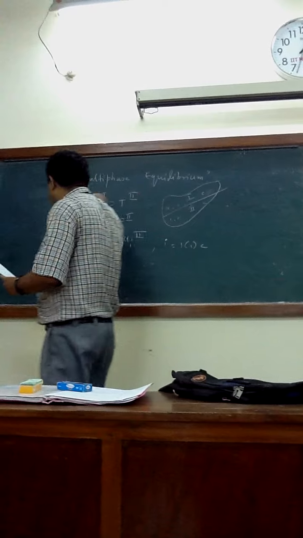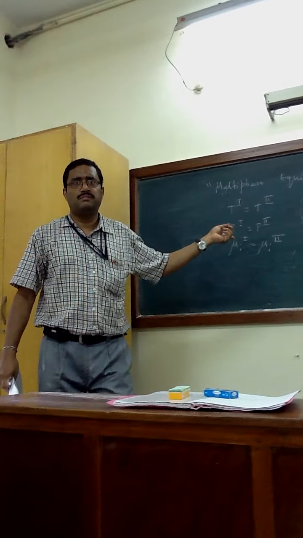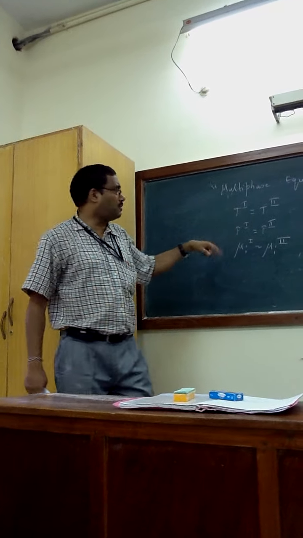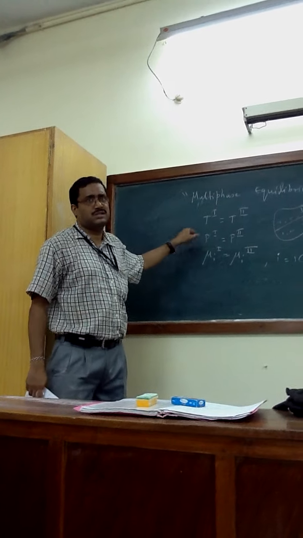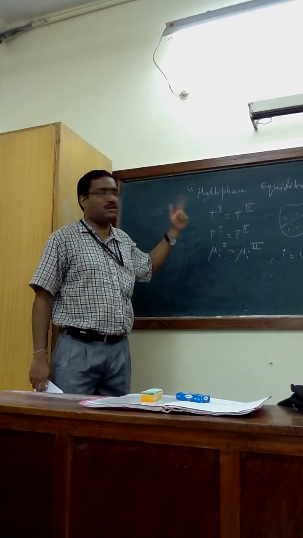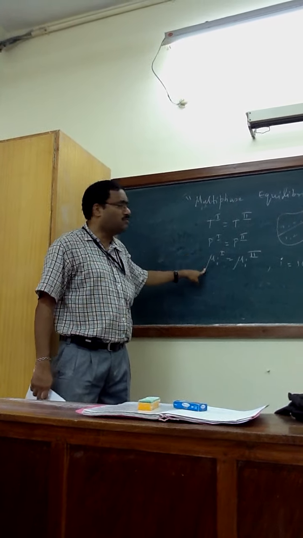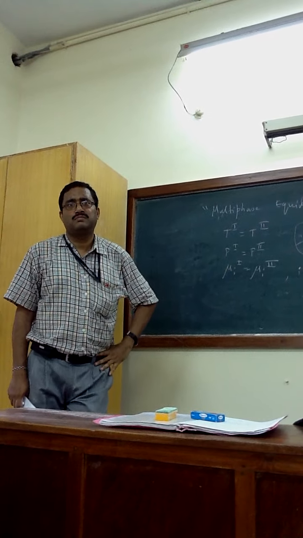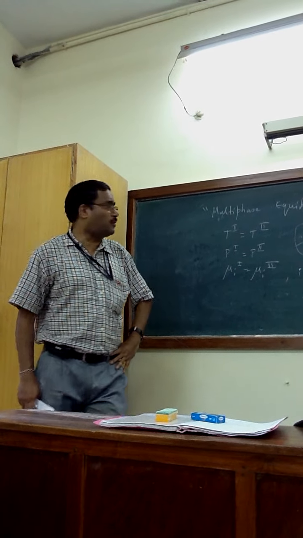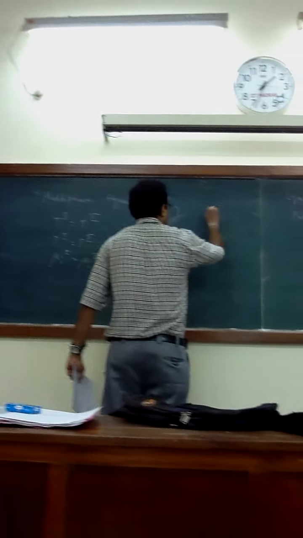So for a pure substance, two phases, we have only 3 independent equations: T1 equals T2, P1 equals P2, mu1 equals mu2. Let me talk about the pure substance first.